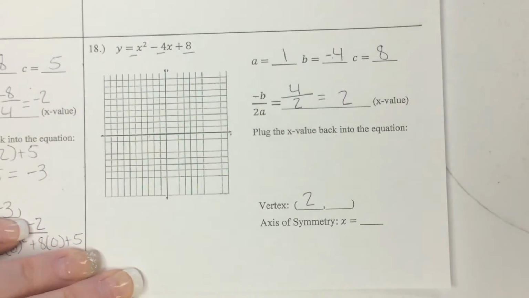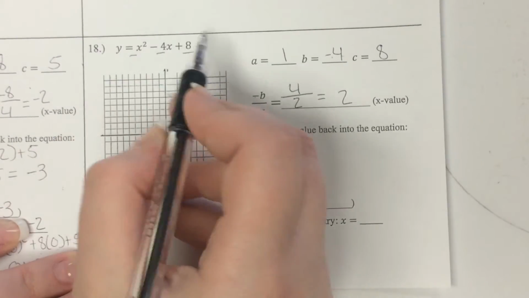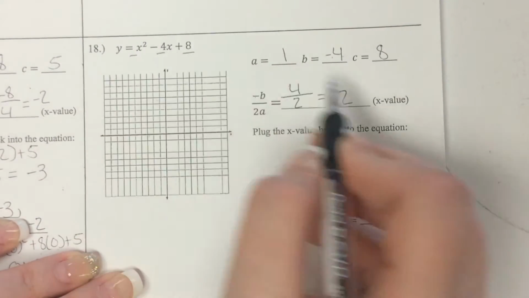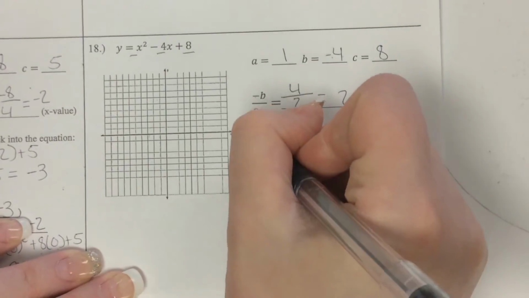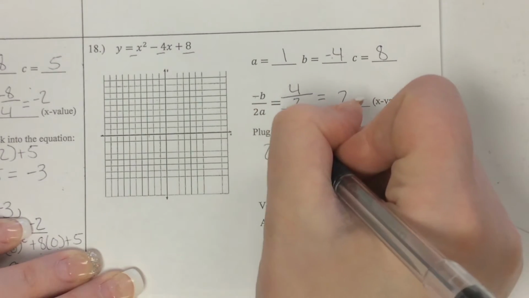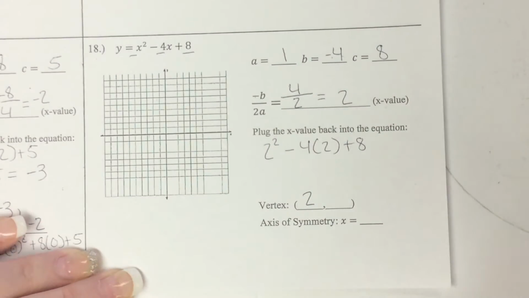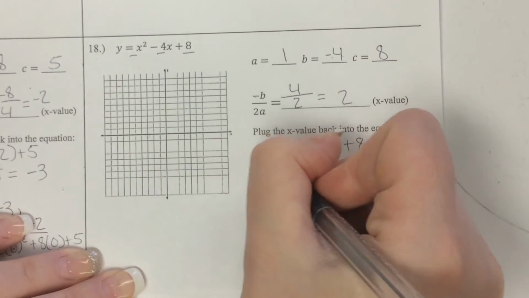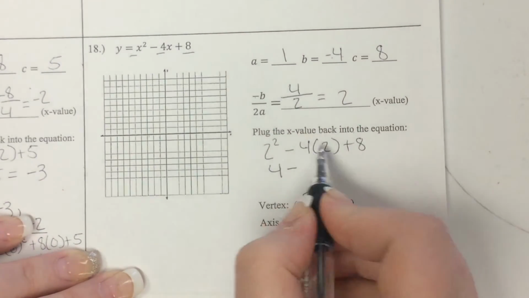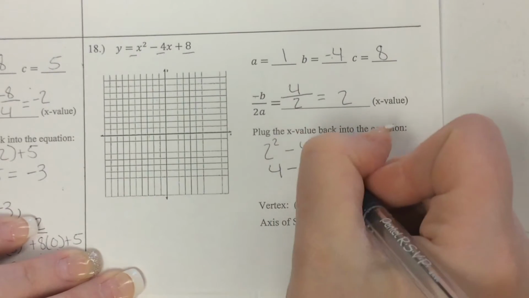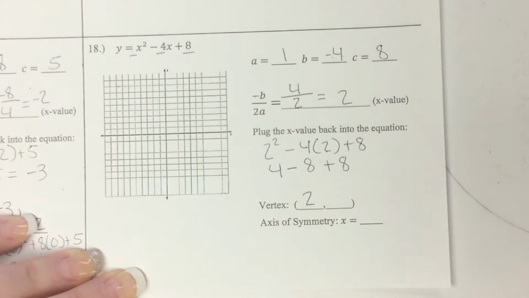Let's plug that in and get a y value. So we're going to take this equation, and wherever we see x, we're going to plug 2 in. So 2 squared minus 4 times 2 plus 8. 2 squared is 4 minus 4 times 2, which would be 8, plus 8. All right.